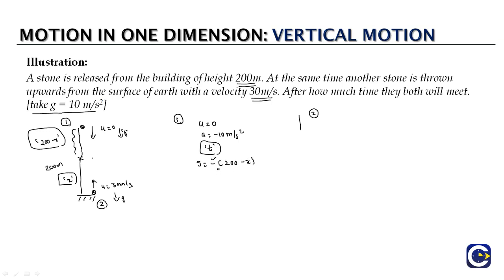Why we take the displacement to be negative is because it is in the downward direction. The length of this particular distance is 200 minus x, but since it is measured in the downward direction, we'll take it as minus of 200 minus x.